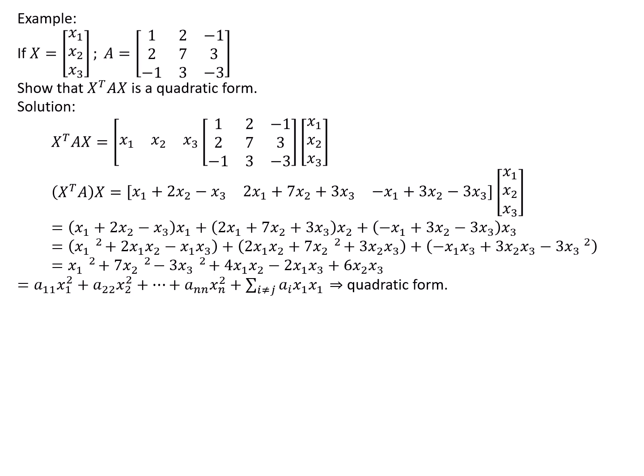That is the quadratic form. So the summation from i not equal to j of aij xi xj. So you are finding the product of the two, because they are not the same. i is not equal to j.